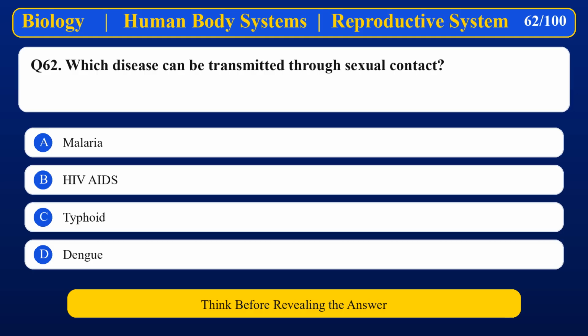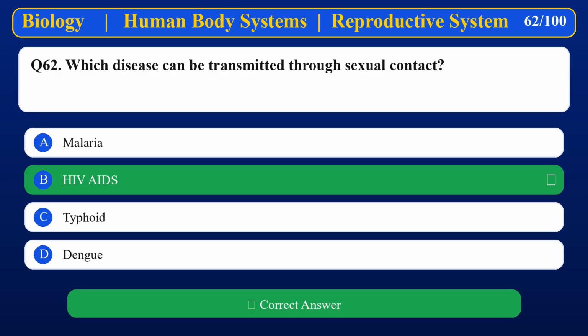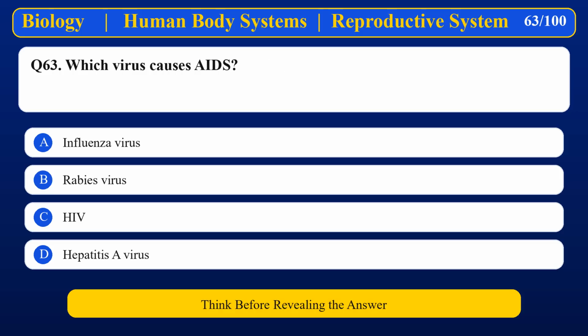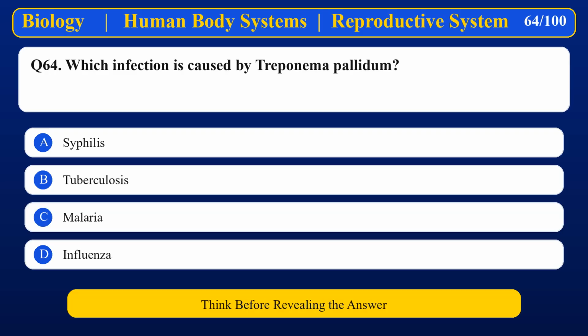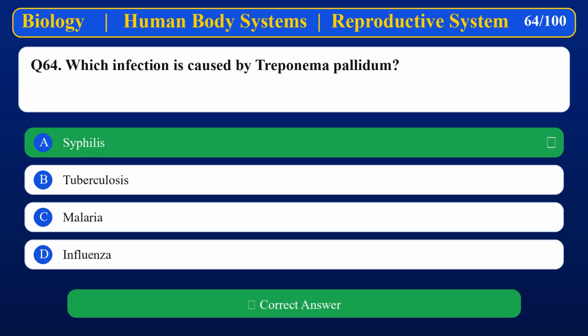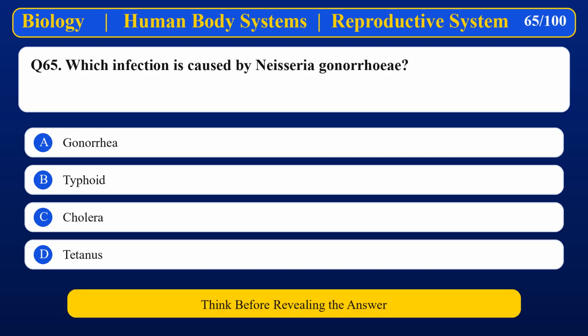Which disease can be transmitted through sexual contact? HIV/AIDS. Which virus causes AIDS? HIV. Which infection is caused by Treponema pallidum? Syphilis. Which infection is caused by Neisseria gonorrhoeae? Gonorrhea.